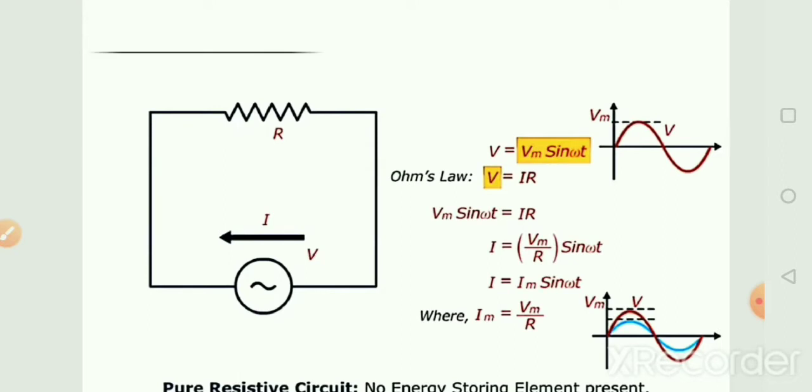Now from the graph we can see that both voltage and current are in phase.